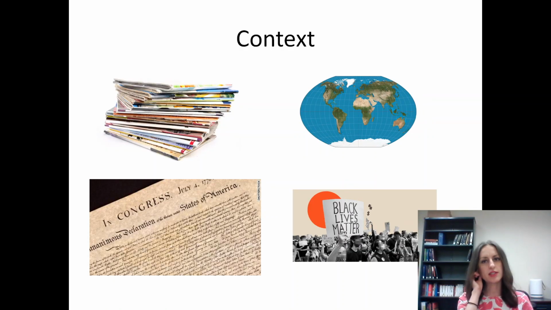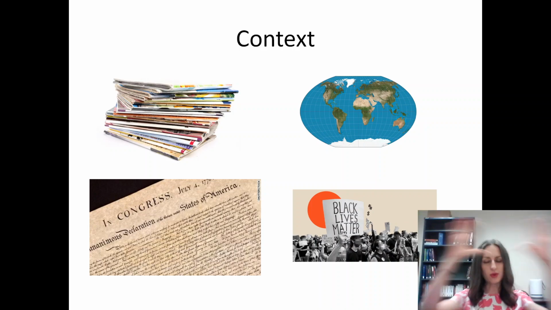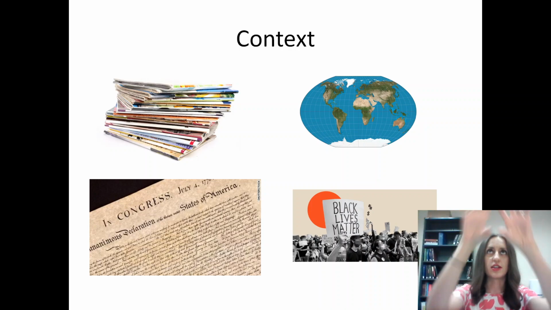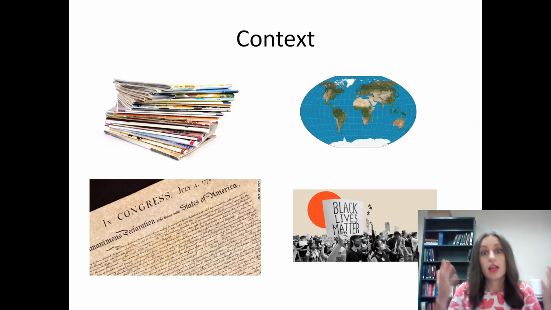Okay, now let's talk about this idea of context, because context is important. And what we mean by the term context, honestly, I feel like context is just another term for the rhetorical situation in general. The whole rhetorical situation is talking about the context. Remember how I defined the rhetorical situation as everything outside of a text? That's what context is.